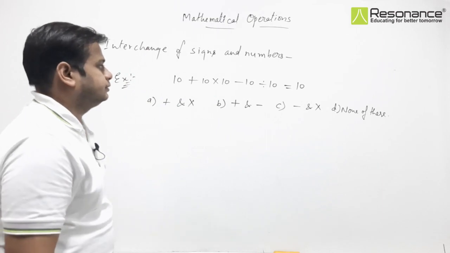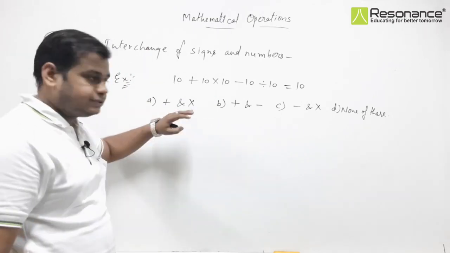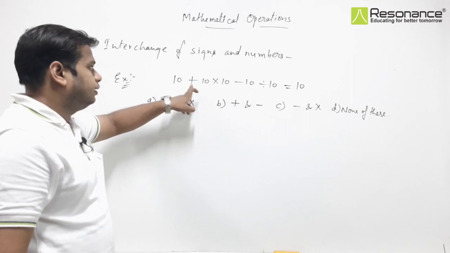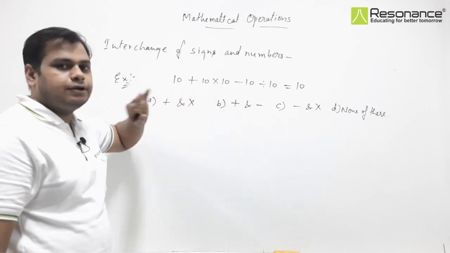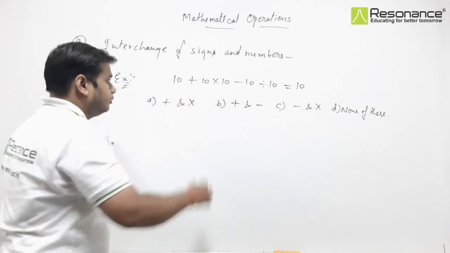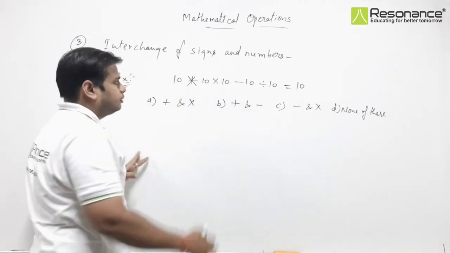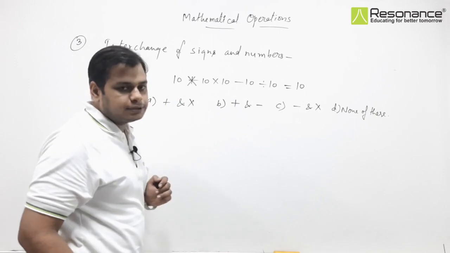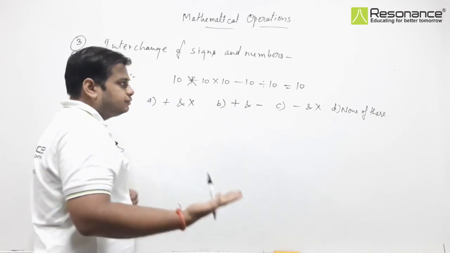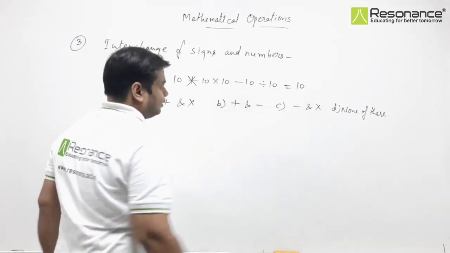So we have the signs. Let's do the first one, plus and multiply. If we interchange plus and multiply, it will not give us the correct answer. Why? If we do multiply here, it will not make any change, because 10 multiplied by 10 again becomes 100. If the number becomes 100, then we can't get the 10.